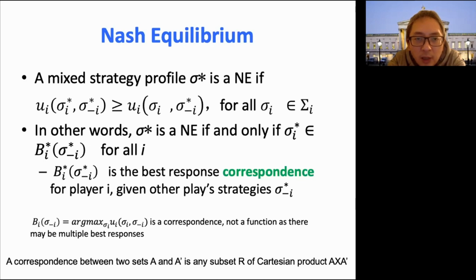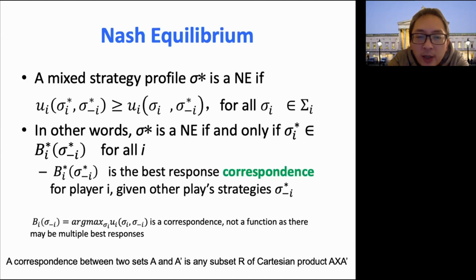In this case, it is denoted sigma star minus I. So in other words, we can think about sigma star as a sort of best response. It's the set of best responses of each user, right?